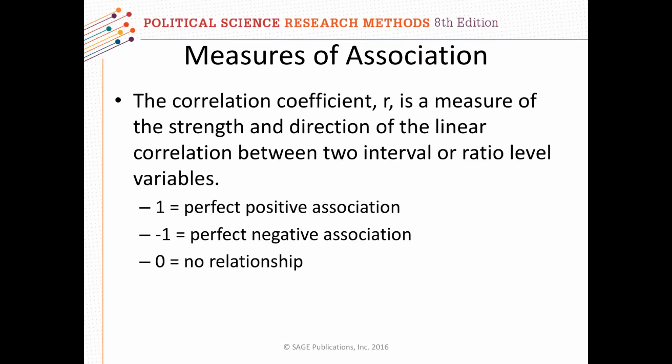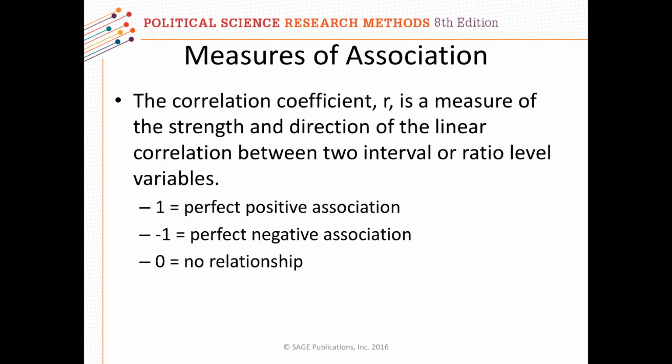One test that is really helpful, that a lot of you probably know a little bit about, is called correlation, or a lowercase r. Correlation is a measure of strength and direction of the linear correlation between two interval or ratio level variables. It ranges from 1 to -1, just like gamma, and just like gamma, 0 means no relation.